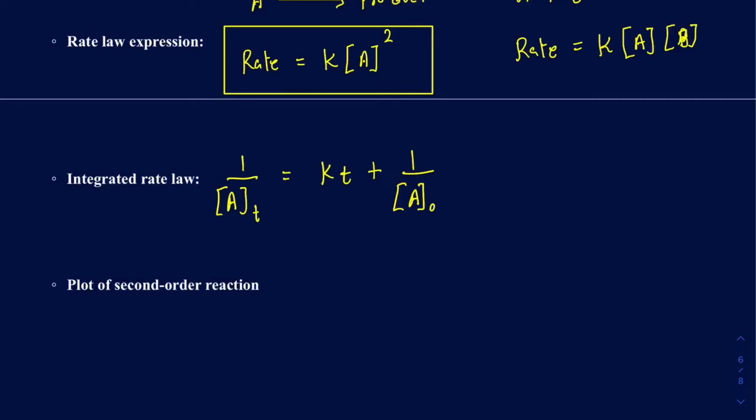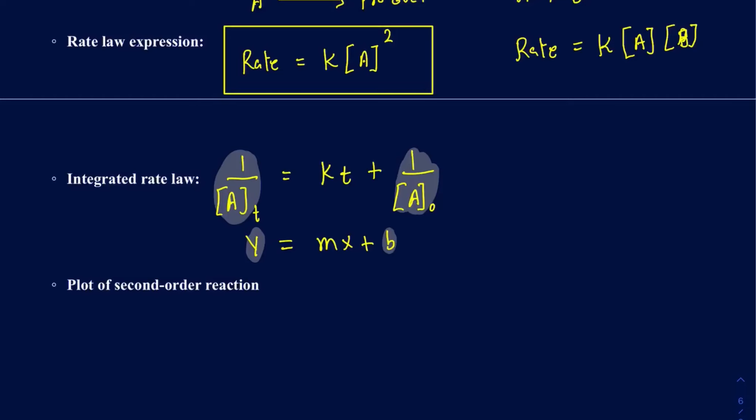I can still relate this to a slope line equation, y equals mx plus b. In this particular case, your y-intercept is going to be 1 over the initial concentration, and your y-axis is going to be 1 over the concentration of your reactant.